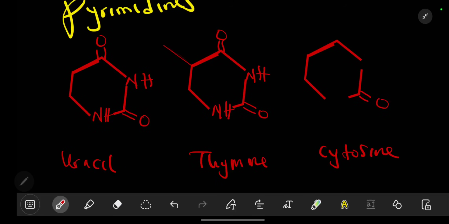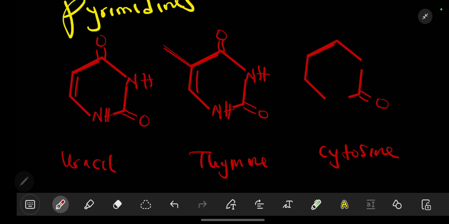Just doing this differentiates the structure. Then all we have to do is put this ring like that. So this is thymine, this is uracil. So just know to say there is NH, there is NH, there's NH, there's NH, like that.